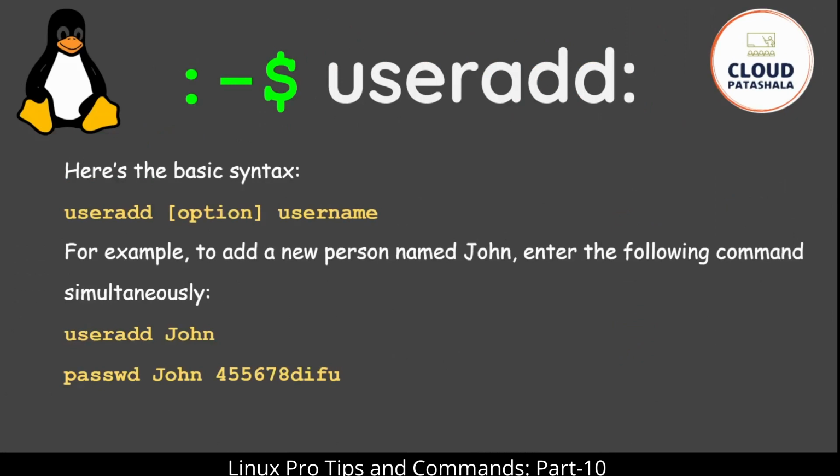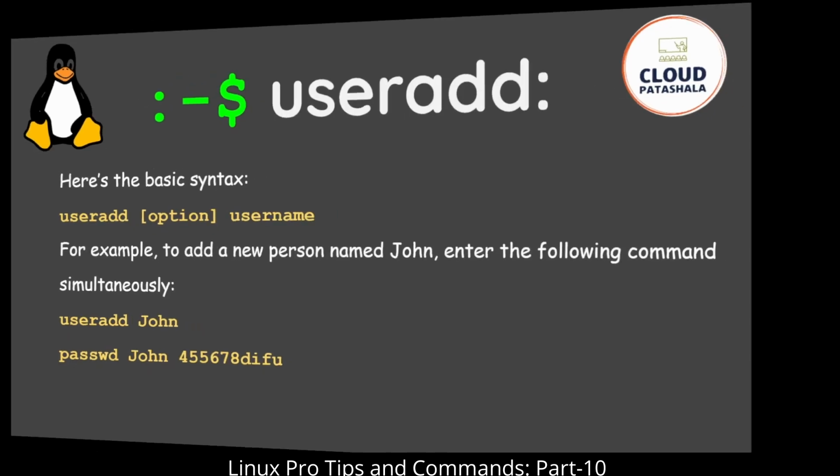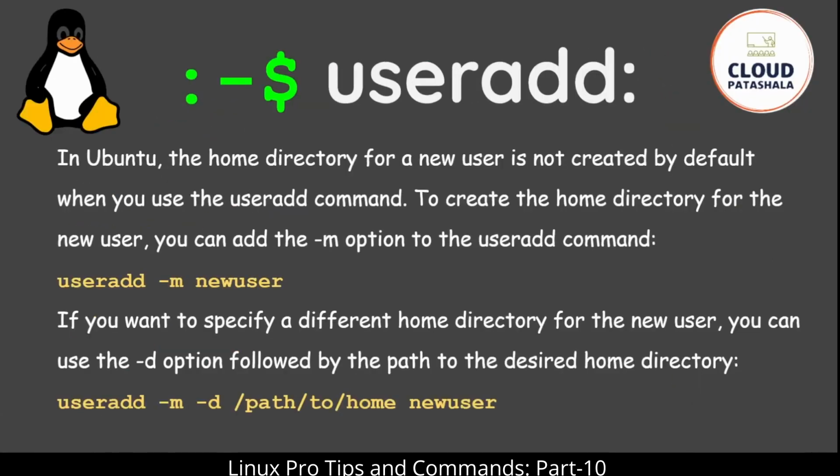The basic syntax is useradd, then some options, and then we provide the username. For example, to add a new person named John, we enter useradd John, passwd John, and then the password for the user. In Ubuntu, the home directory for the new user is not created by default when you use the useradd command.